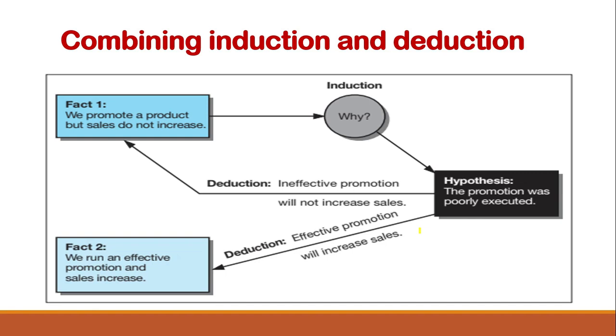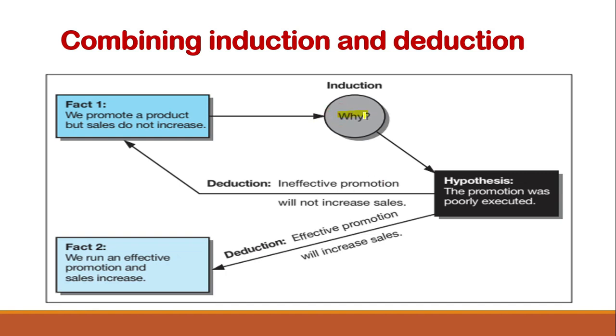This process is actually termed the double movement of reflective thought. So it starts from fact 1, that you promoted a new product but the sales did not increase. That is fact 1. Then you ask the question why the sales did not increase.